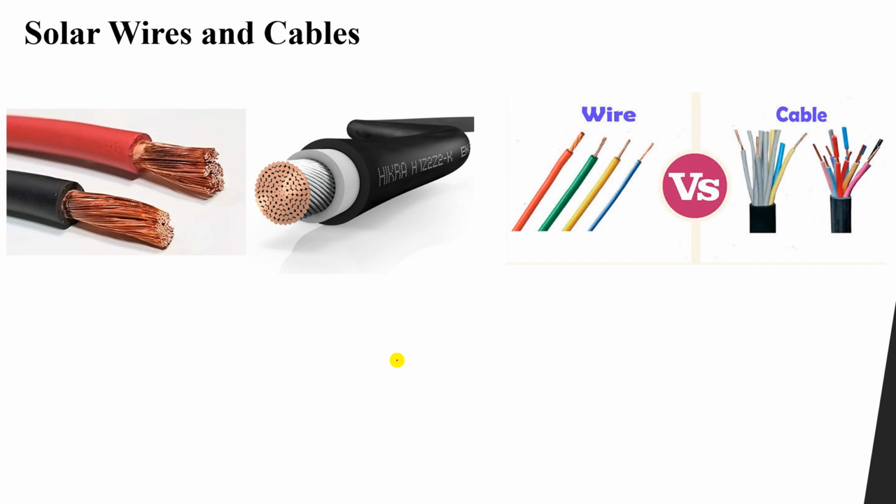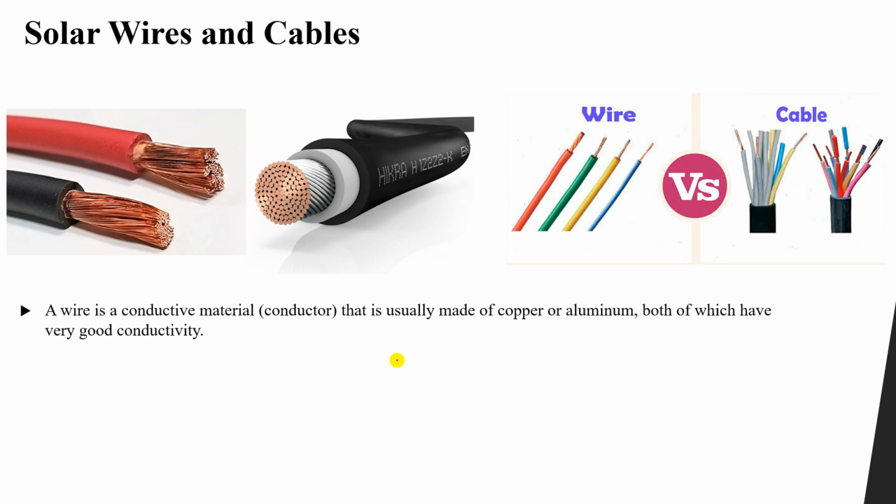We have to understand that there are two definitions. One is called wires and the other is called cables. So first, the wire. The wire is a conductive material made of copper or aluminum. Why copper and aluminum? Because both of them have high conductivity.